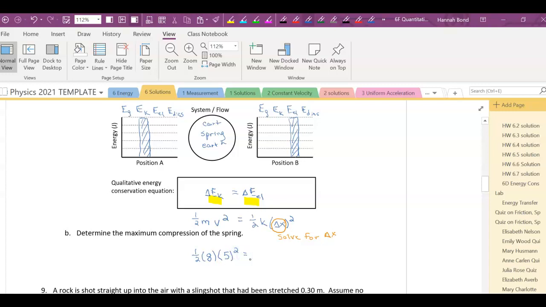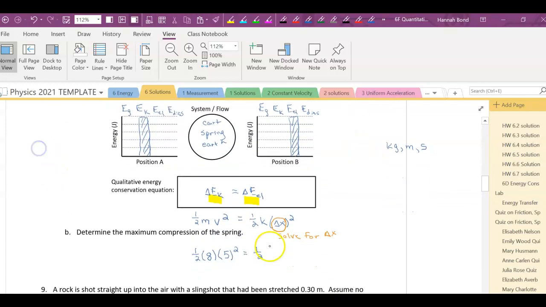I'm saying these out loud because before I plug these in, I want to make sure that they're in standard units, right? That they involve kilograms, meters, and seconds. Those are my standard units. The spring constant was given to me as 50 newtons per meter, and then I'm looking for the displacement. And so I know everything here except for that delta x. And so I get that delta x is 2 meters.